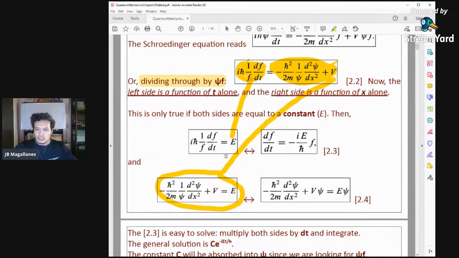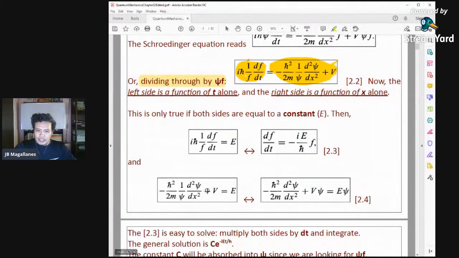We set the constant to be E. Again, you can transform this into this expression by multiplying F on both sides and then dividing by i h bar. If you divide, this should be E over i h bar times F, but if you place the i in the numerator, it becomes negative. So you have this expression.